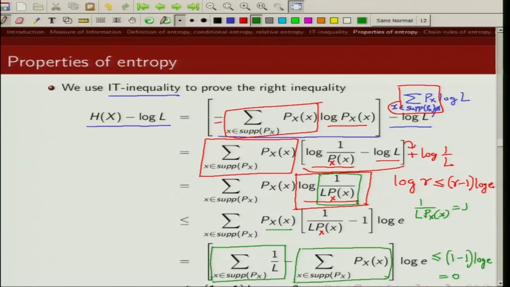So when my discrete random variable is uniformly distributed, I will have H(x) equal to log of L, and that's the maximum uncertainty associated with x. You can go back and look at our example of tossing a coin. When it is an unbiased coin, the probability of occurrence of head and tail is the same, half. In that case, we have the maximum uncertainty, we have the maximum information.